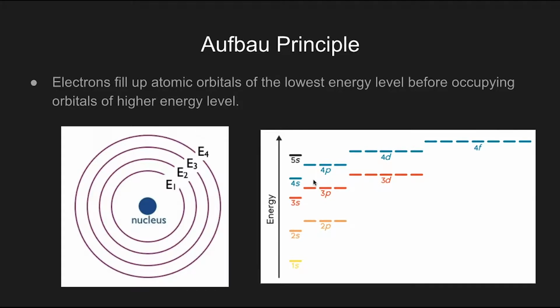When we write our electron configurations, the 4s orbital is going to come before the 3d orbitals. But don't worry about that now. Just know that electrons fill up the lowest energy level orbitals first, and then the higher ones.